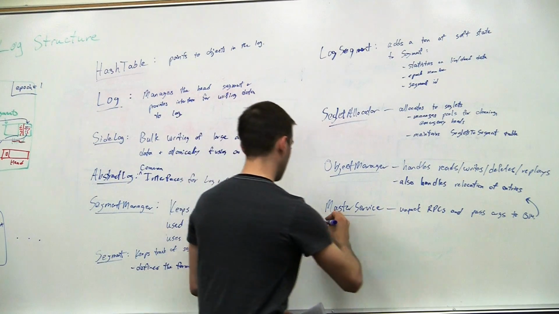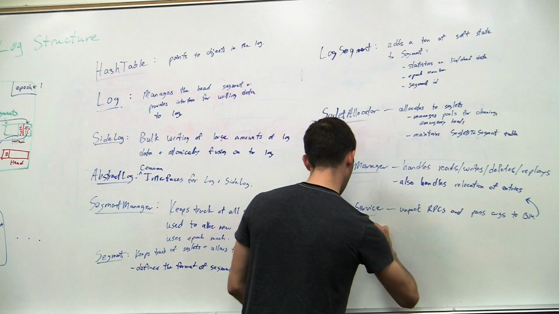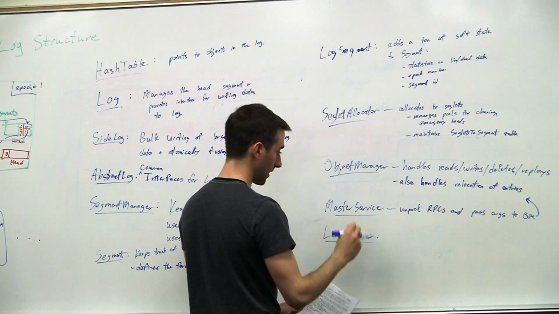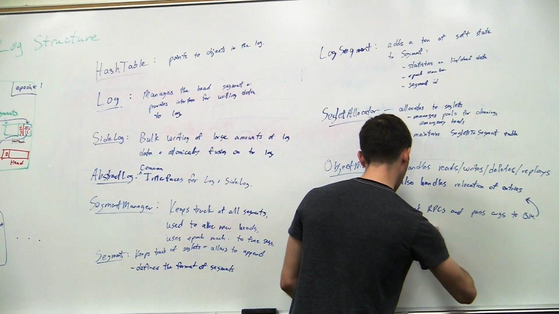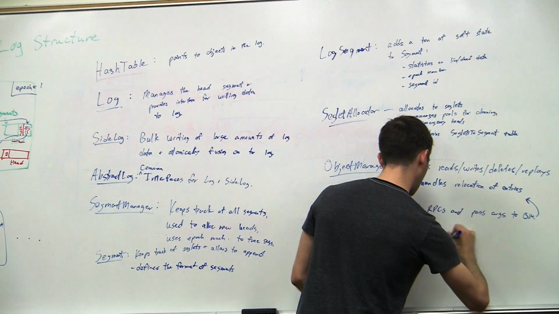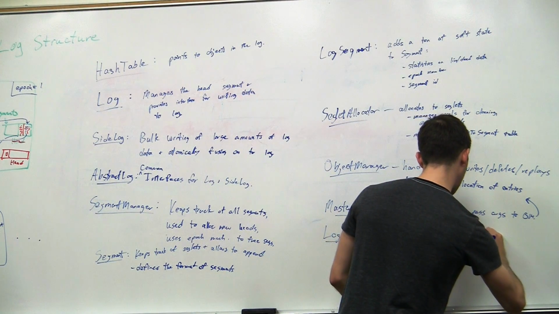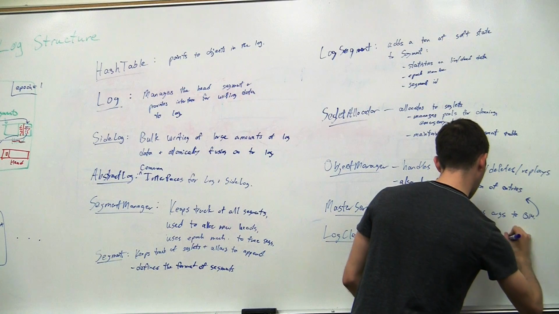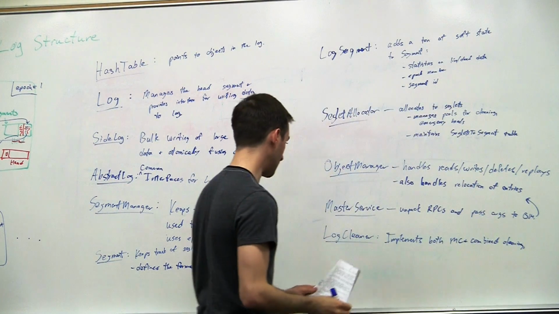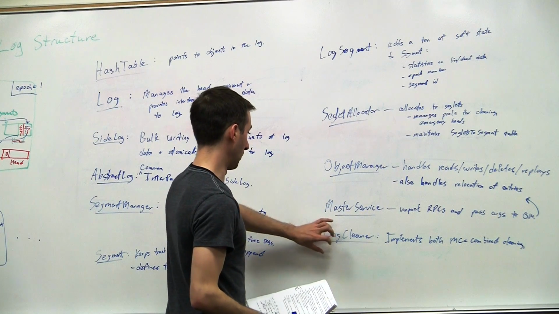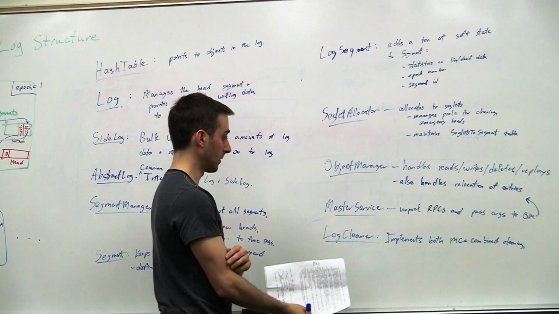There's an important one. The LogCleaner class basically implements both memory compaction and combined cleaning. So it has all the policies for determining which of these two to run, and how many of them to run in parallel.